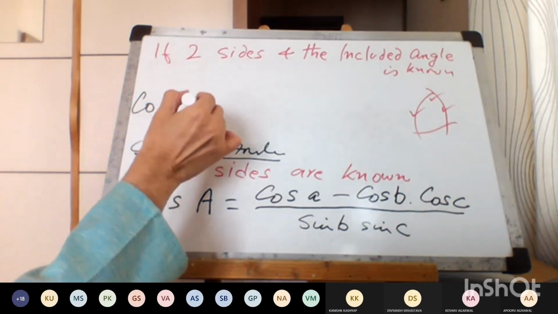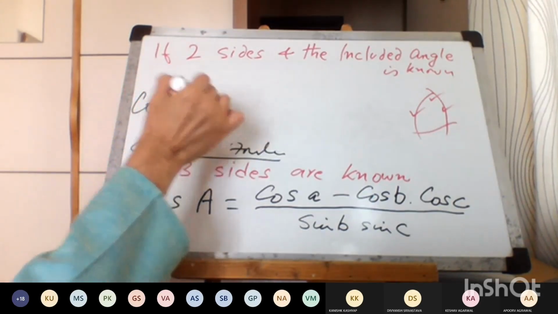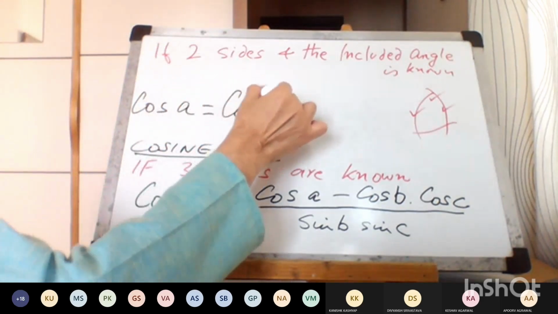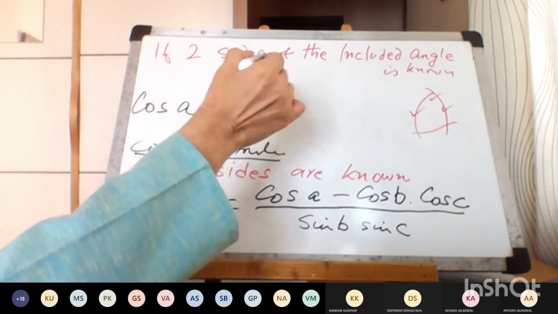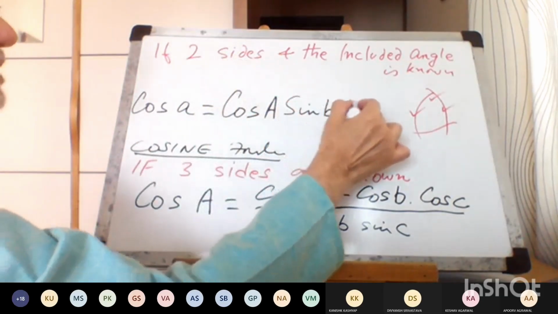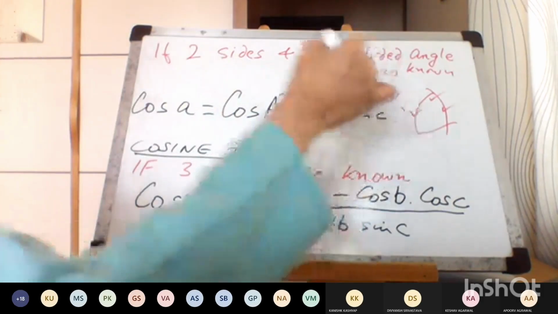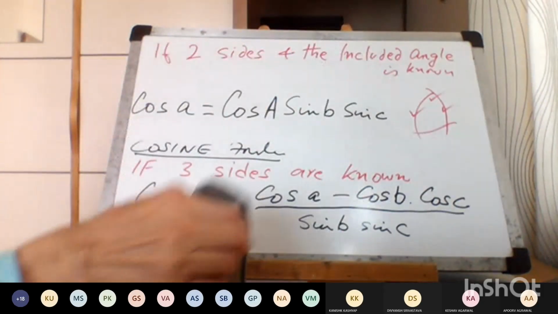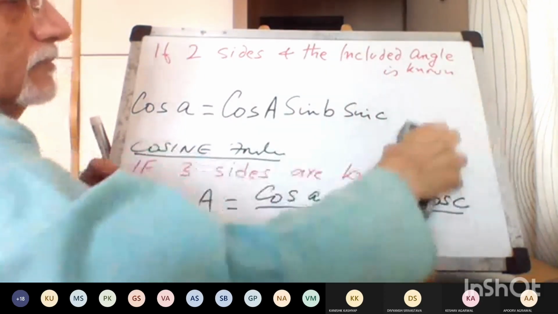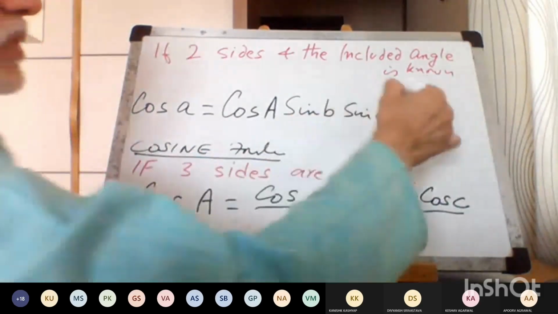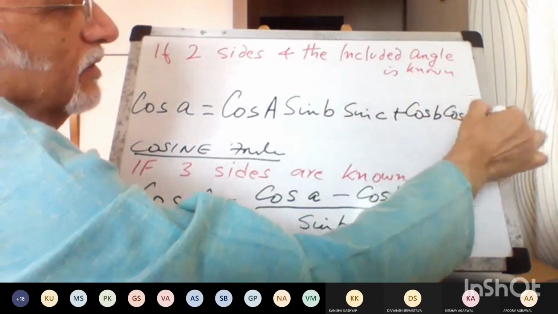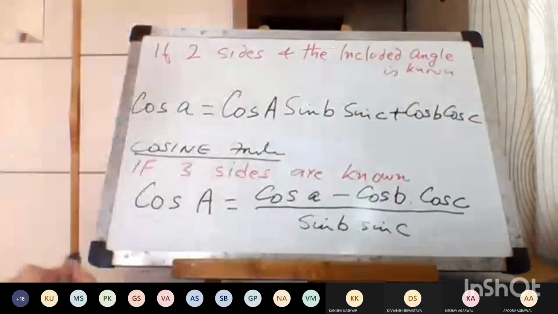Cos a is equal to cos b cos c plus sin b sin c cos A. This is okay?